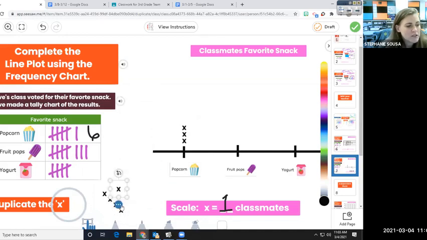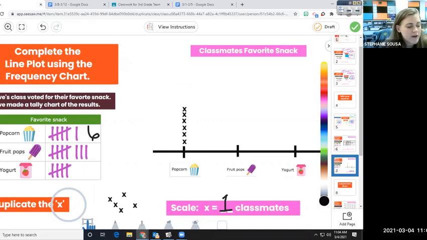You don't want it to look like a scatter plot where the X's are just all over the place. It's hard to read if we got an X here and an X there and one up there. That doesn't make any sense, okay? So we're going to make sure that they stack on top of each other very nicely. So we need 6 for popcorn. 1, 2, 3, 4, 5, 6, okay?